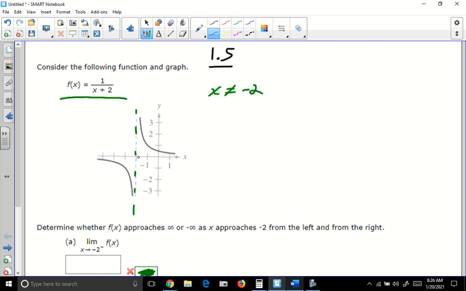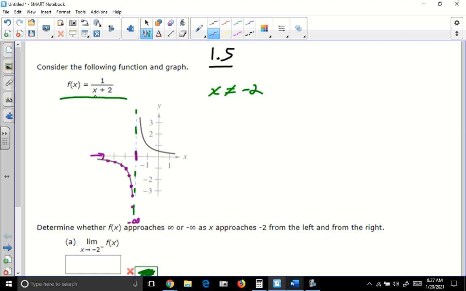So if we're approaching an x value of -2 coming in from the left side, our y values begin to get lower and lower, and we never reach a point. The closer we get to -2, we're going to be getting closer and closer to -infinity.